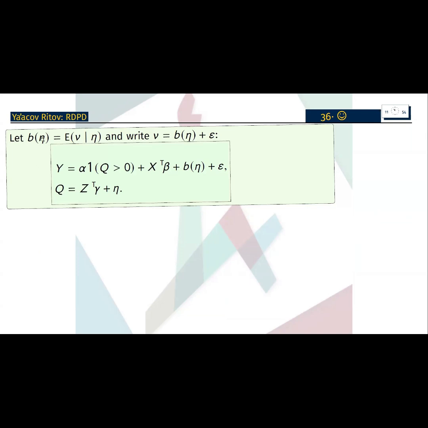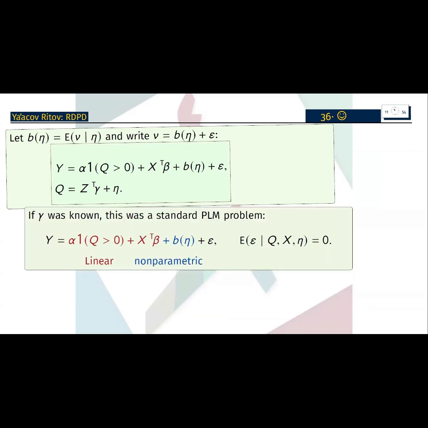So what is the basic mathematics? I write B eta to be the conditional expectation of nu given eta. So I can write nu as B eta plus epsilon. And this is a rewriting of the same equation. If gamma was known, since I measure Q, I would know eta.